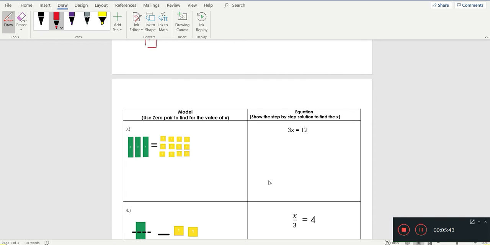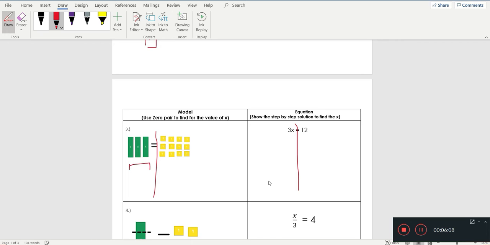For this model now, we're going to divide. The equation for this model is 3x equals 12. It tells us how many integers you can put on 1x. So you're going to draw 1x.